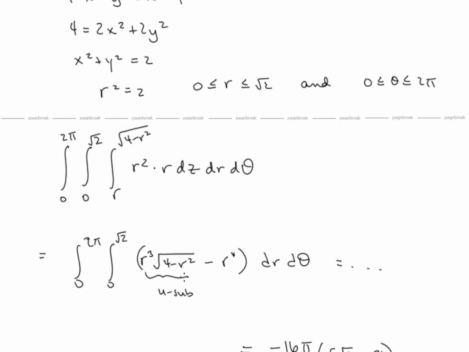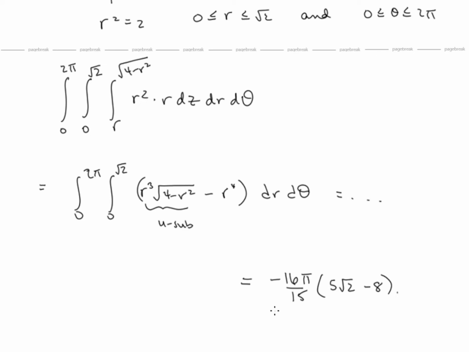So I'm just saying that we can't guarantee that every integral you have over a spherical domain is going to be simpler in spherical coordinates. However, when you have a spherical domain, you should consider using spherical coordinates because it may be simpler. In either case, our integral turns out to be negative 16 pi over 15 times 5 radical 2 minus 8. And with this, we'll conclude our lesson on spherical coordinates.